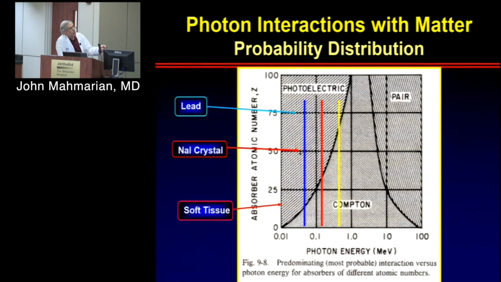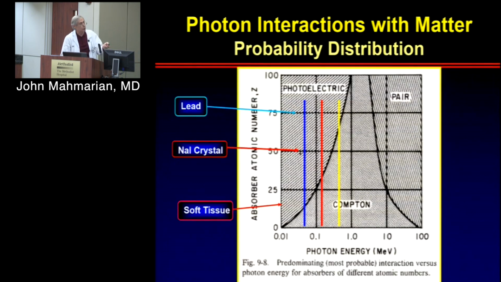It turns out in a sodium iodide crystal, you get all photoelectric effect, which is what you want. Because by that photon hitting the crystal and getting a photoelectric effect, you get a scintillation, which you then can accept as an event, which can be multiplied and used to create your image.